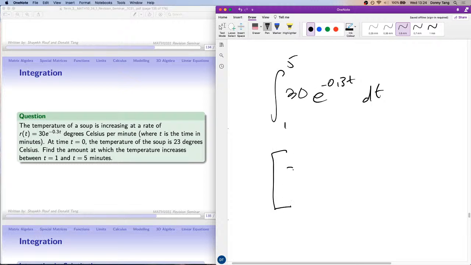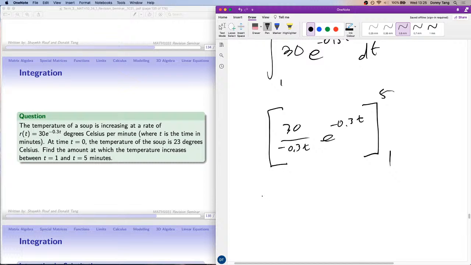And the integral of this is 30 on negative 0.3, times e to the power of negative 0.3t. Just refer to the sheet if you don't know how to do it. This is your integral, your capital F(x). We're going to write 5, 1 here, and we're going to sub it in.